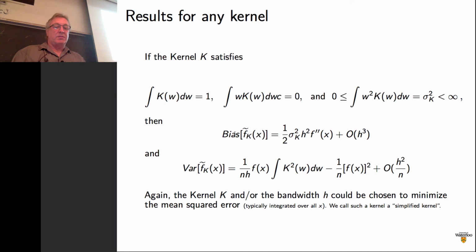Then we can express the bias, the dominant term is order h squared, and the variance here is, again, 1 over nh, and the remainder is of h squared over 2. Okay? So you've got that provided that happens. And a kernel that satisfies these things, we're just going to call it a simplified kernel.